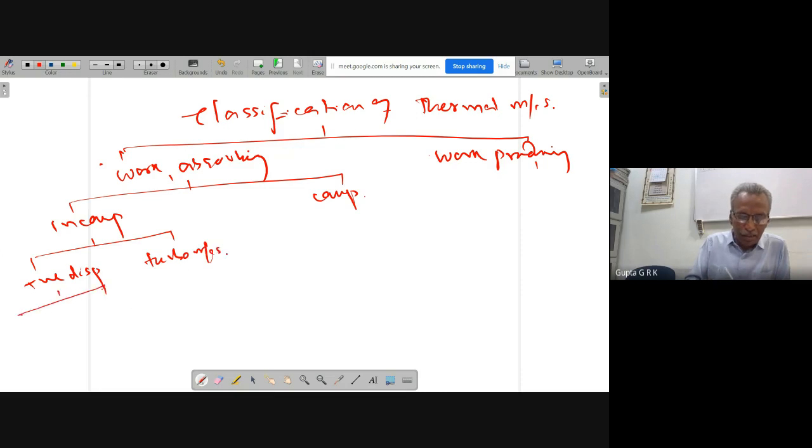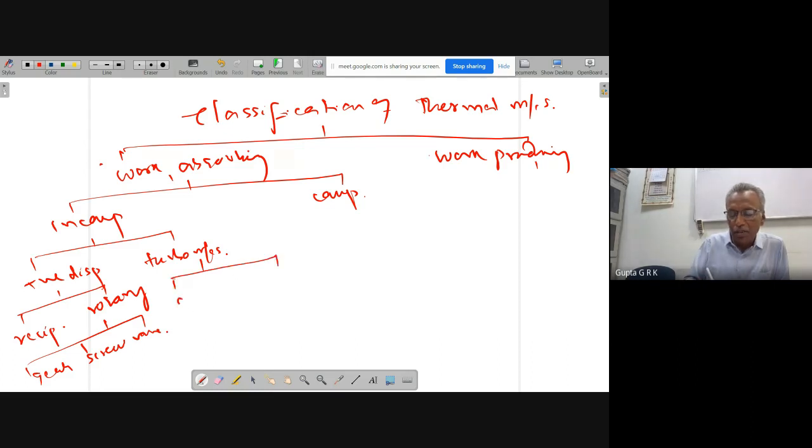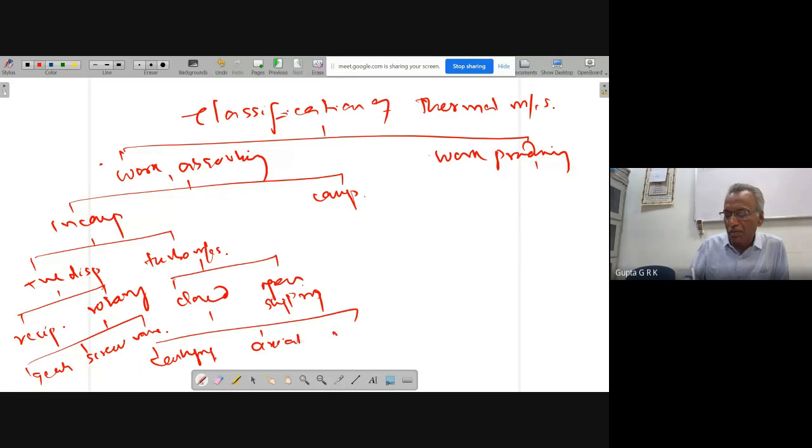Here reciprocating and rotary, and again we have gear pump, screw pump, vane pump. And here we made it closed and open, like we have ship propeller, and in closed we have centrifugal. Some things I am missing, I am putting it fast.